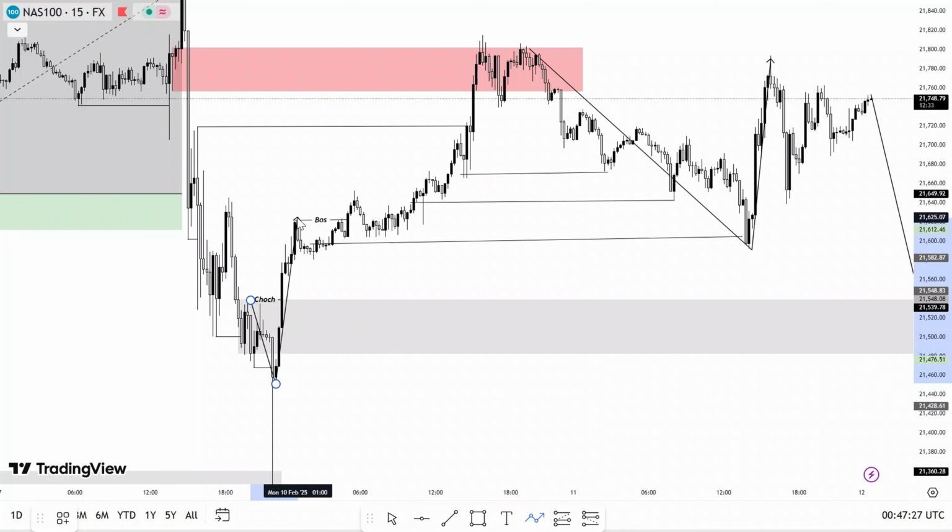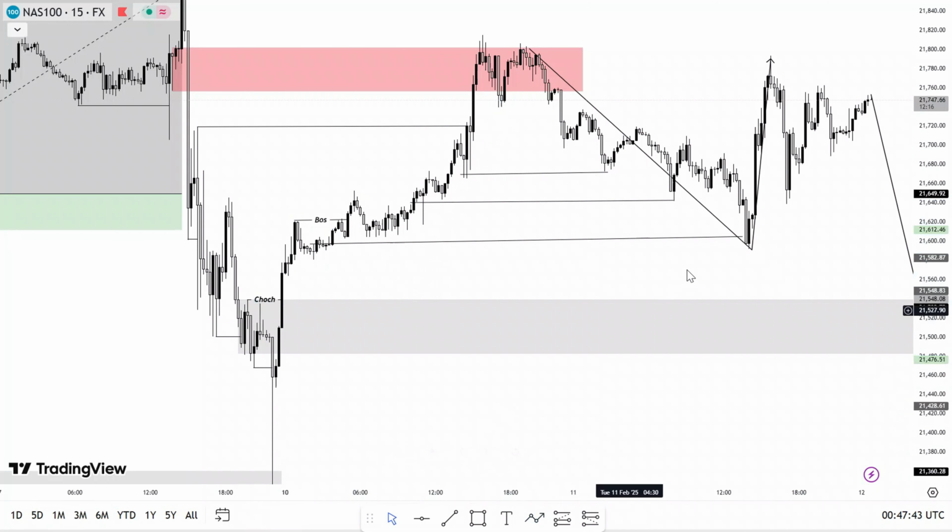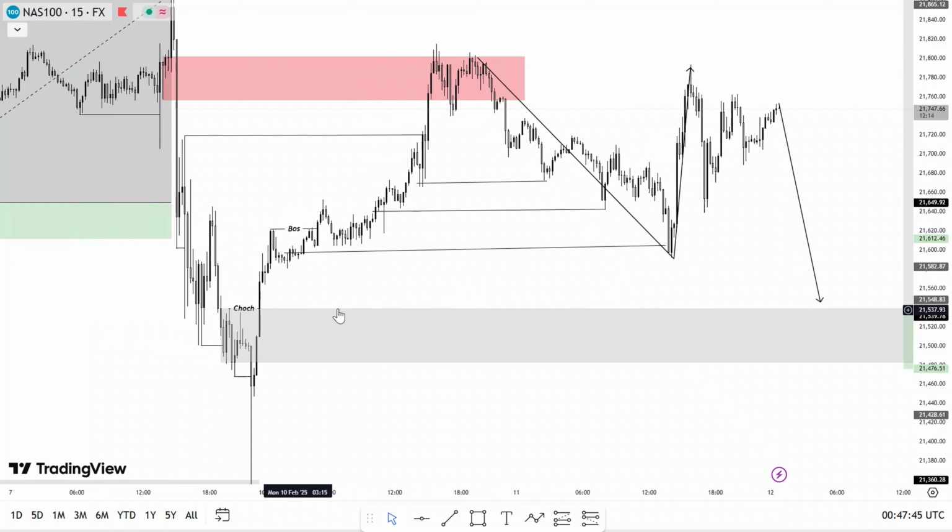change of character, because there's an available order block there, after the change of character, we're supposed to see something like this. The market gives us a break of structure. Okay, break of structure, the market comes back to mitigate this before actually having that momentum to move to the upside massively.